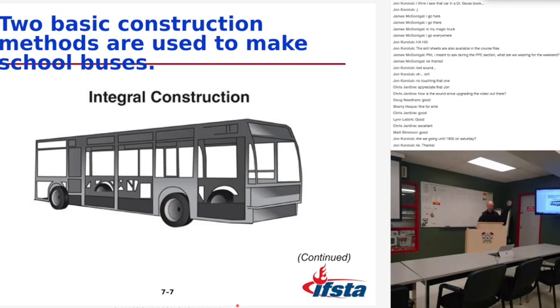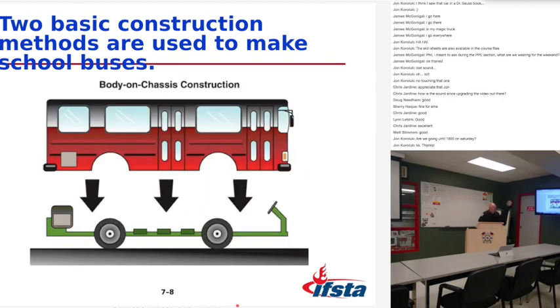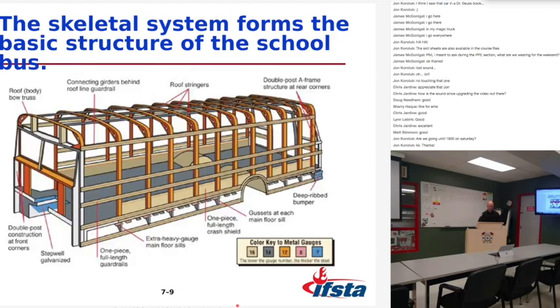School bus skeletal system forms the basic structure of the bus. Sidewalls comprised of vertical load-bearing frame members serve as partitions between window openings and are very hard to cut through.